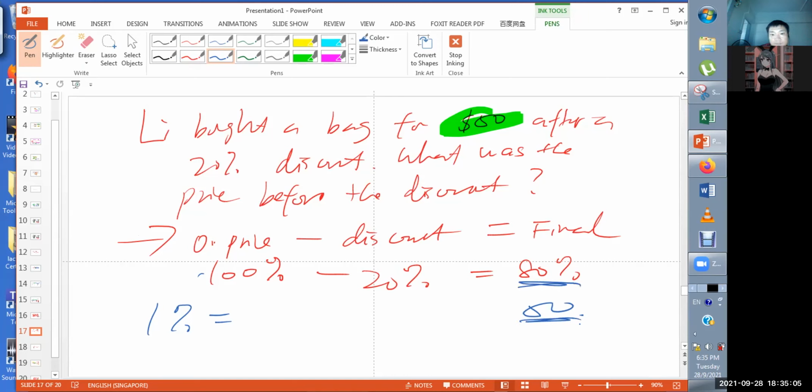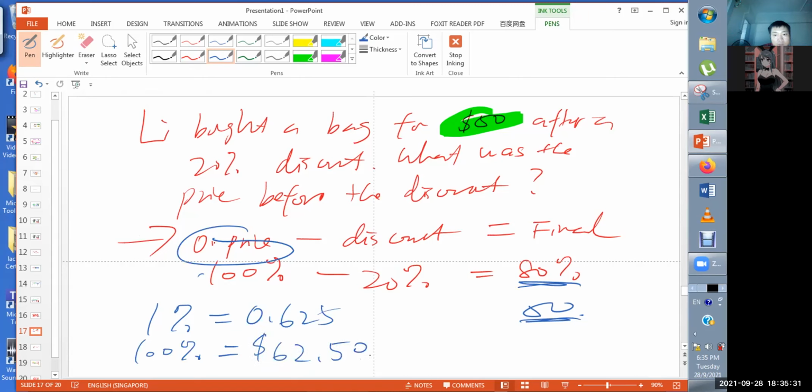Then 0.625. They ask for what? What was the price before discount? That means the original price. So 100% is how much? 62.5. Correct. So $62.50. You need to put 2 decimal places. Okay, so far so good for this type of question. Okay, good.